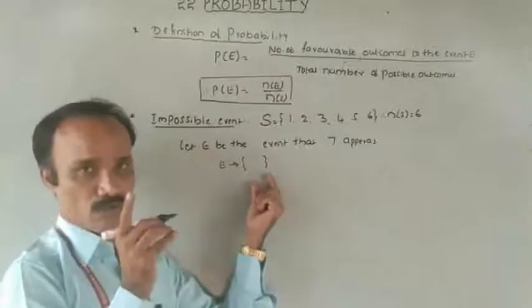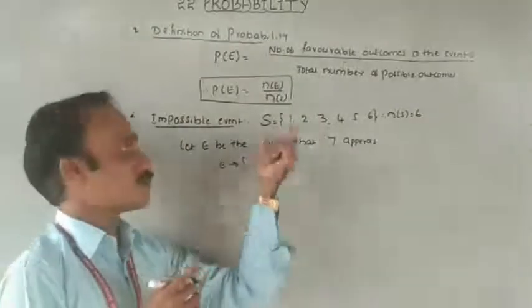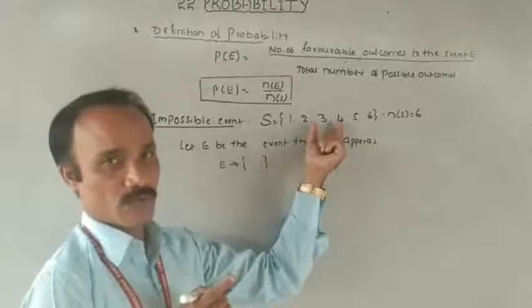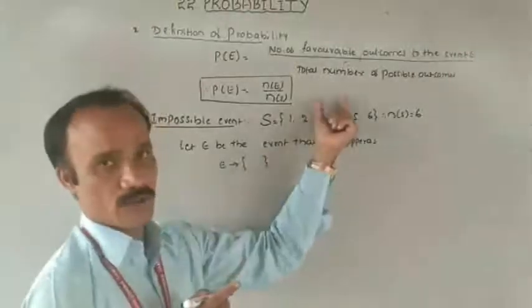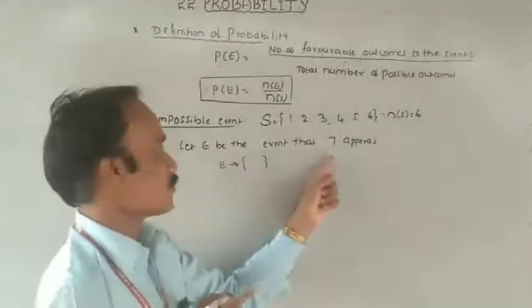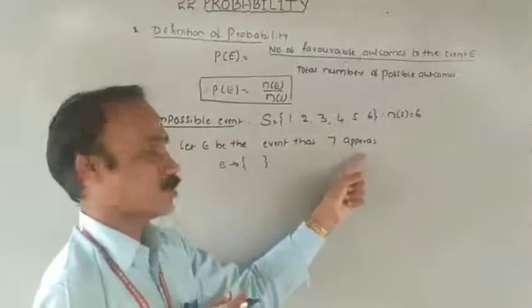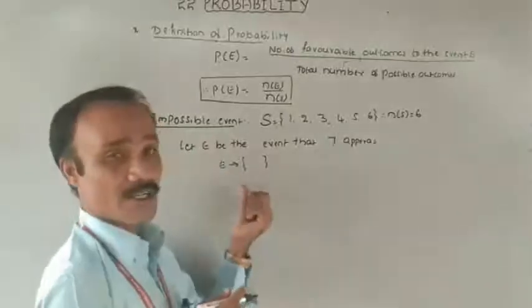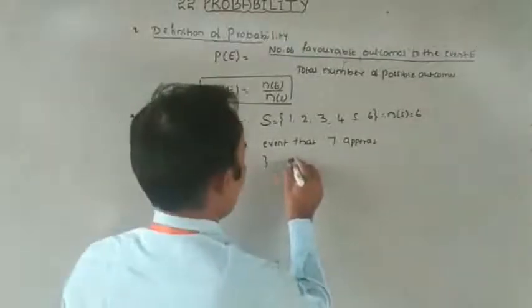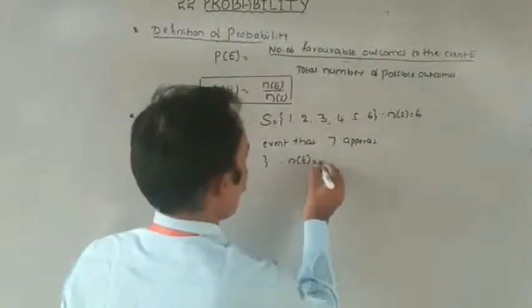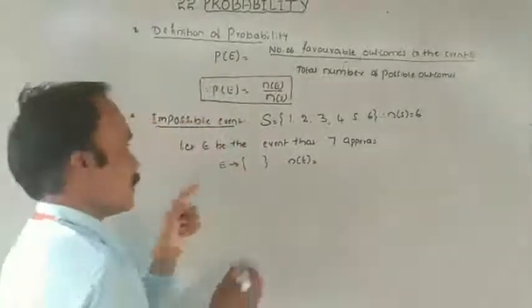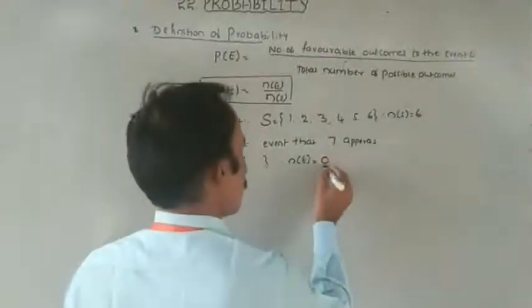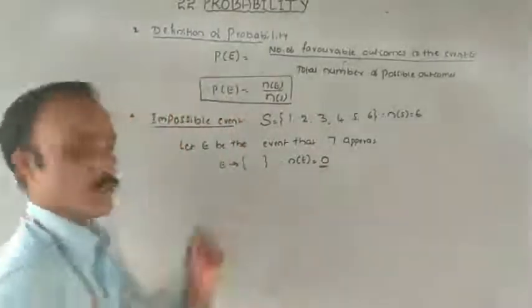I told you the null set is also one of the subsets of the sample space. So 7 is impossible to get. Therefore this is the null set. If it is a null set, the total number of elements in the null set is equal to 0. This is very, very important.